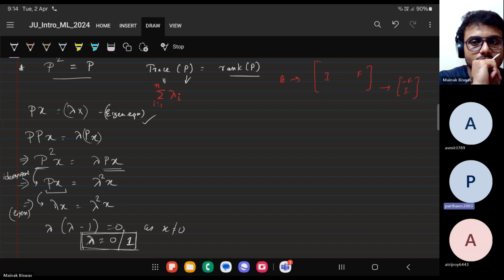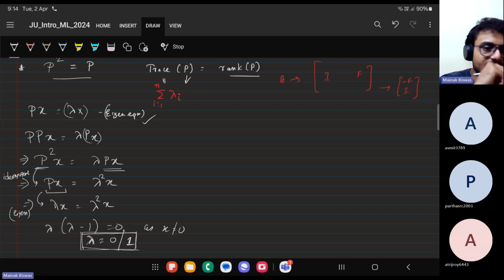And if all are ones, then the rank will be equal to n, and the determinant is 1. Therefore, rank is also n. So lambdas are either 0 or 1 is what I am claiming. I have proved, right?